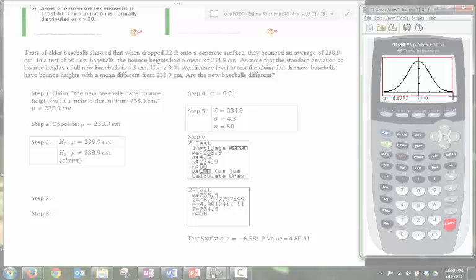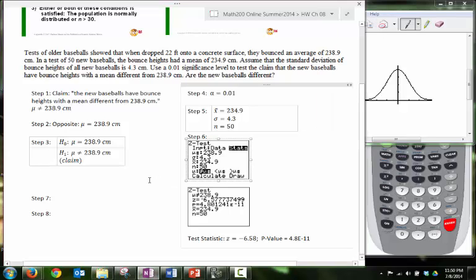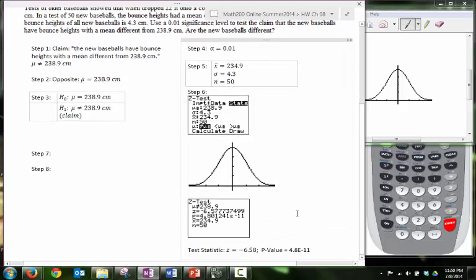And in doing so, what we're going to be interested in is identifying our critical values.